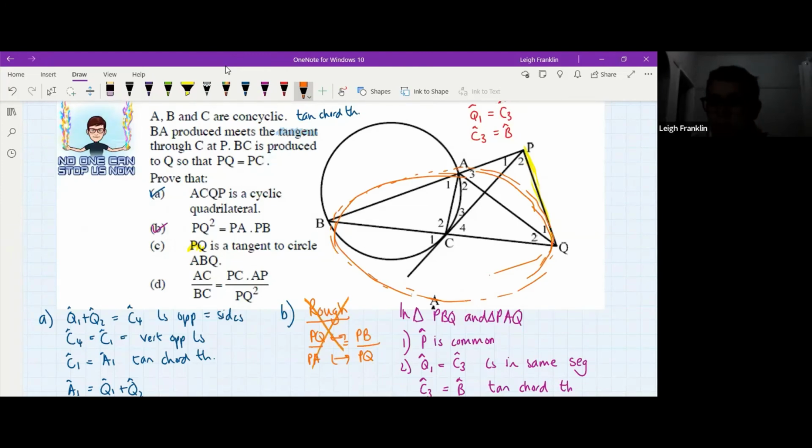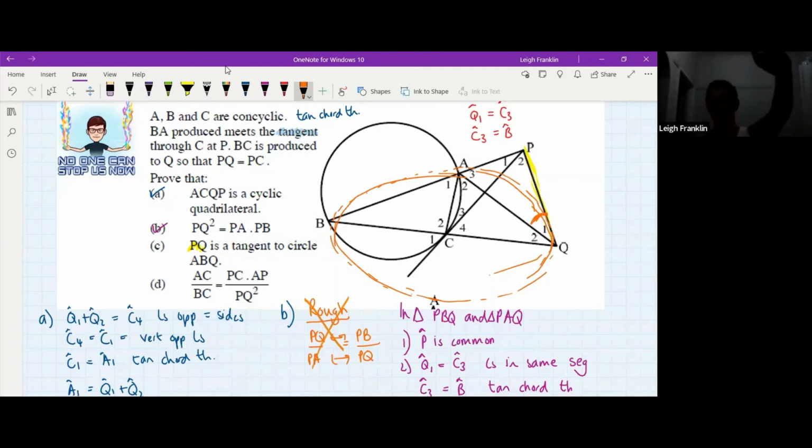Remember, PQ would be the tangent. Okay, so if PQ is the tangent to the circle, the angle between the would-be tangent PQ and the chord AQ is angle Q1.